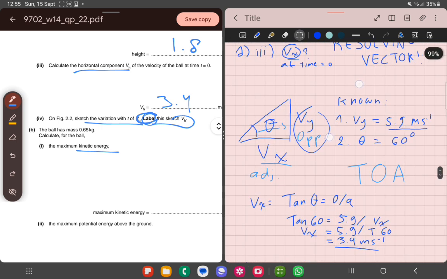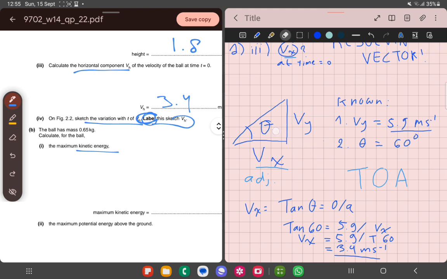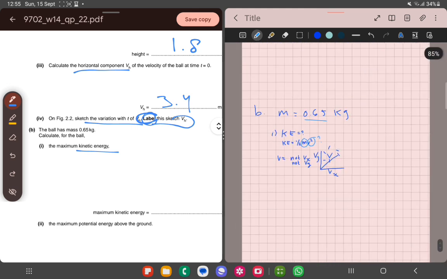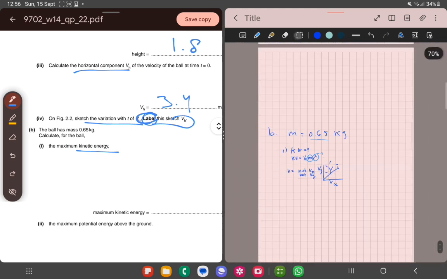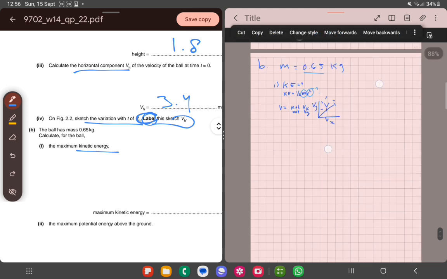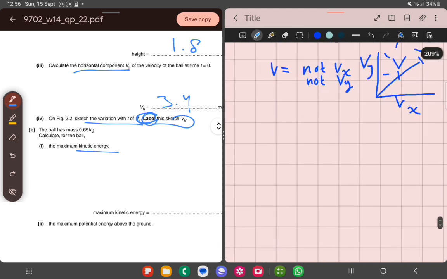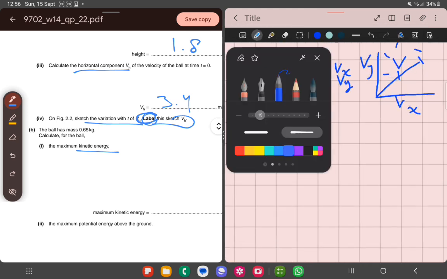Well, it is quite simple as we already know theta and Vy. So we can use trigonometry again, where Vy is the opposite and V is the hypotenuse, so we can use SOH, which is sin theta equals opposite divided by hypotenuse.